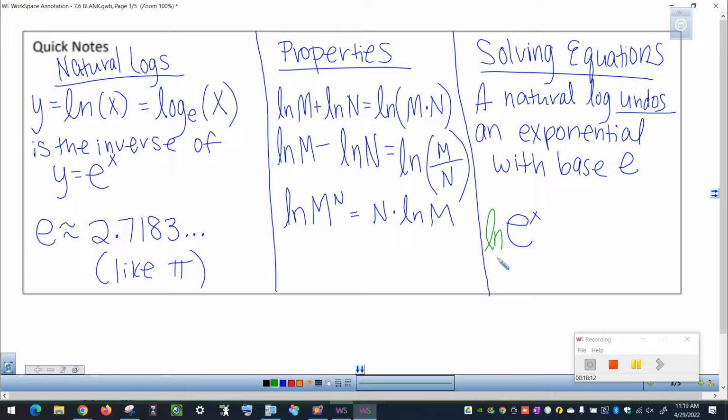Normally with an equation, we would take the ln of both sides. But on whatever side the variable is on, that ln is going to cancel out. It'll undo the base of e, and the exponent, the x, is just going to come down to the ground and be a regular x.